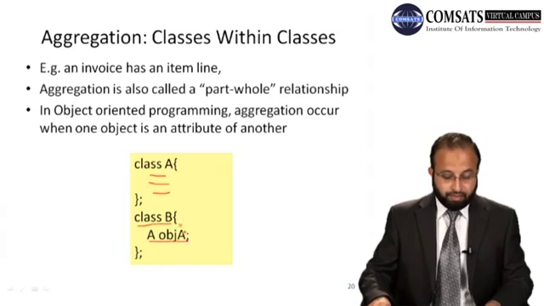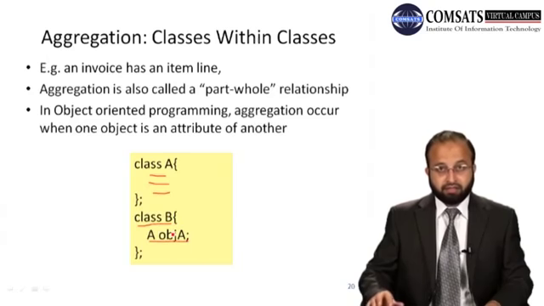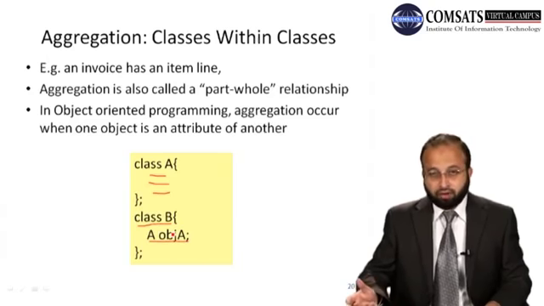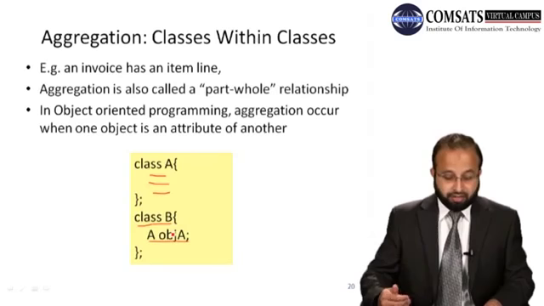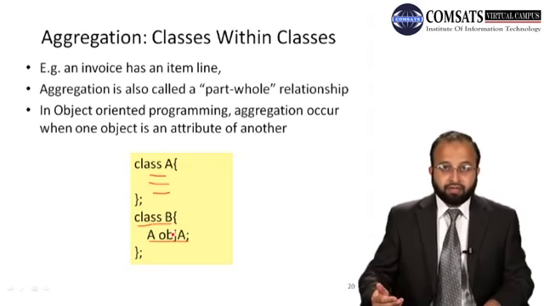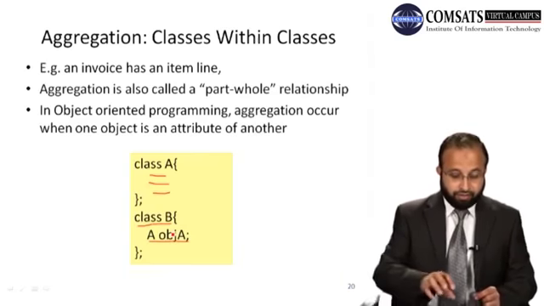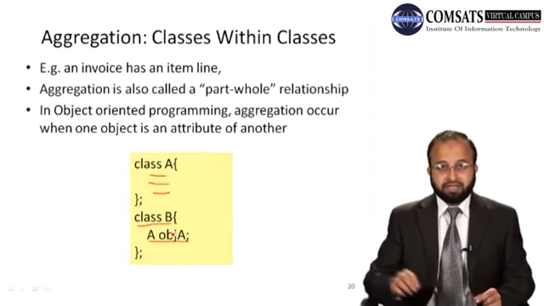That is, B has a object of A. So that relationship represents has a, right? So B is a, B is a. So with that code you cannot say B is a.